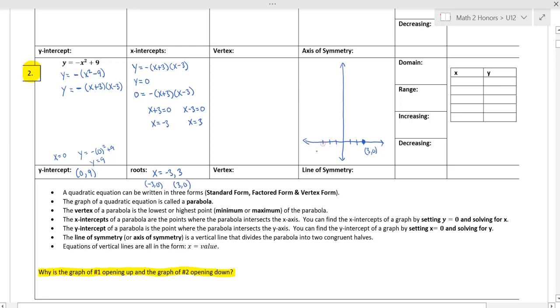And one over here at negative 3, 0. Those are our two x-intercepts. And we have a y-intercept right here at 0, 9.